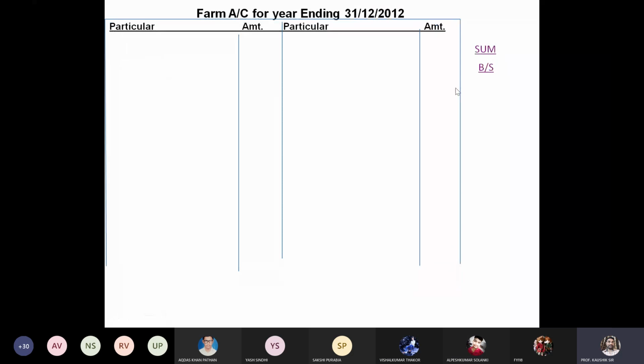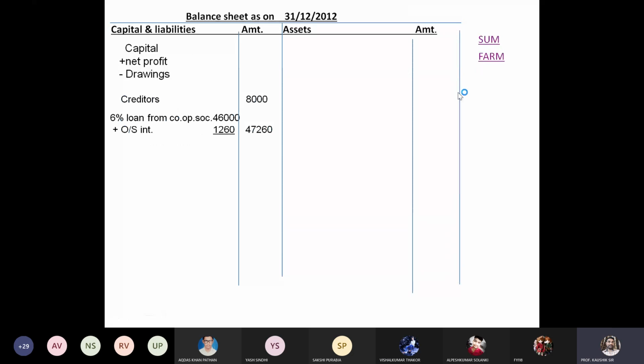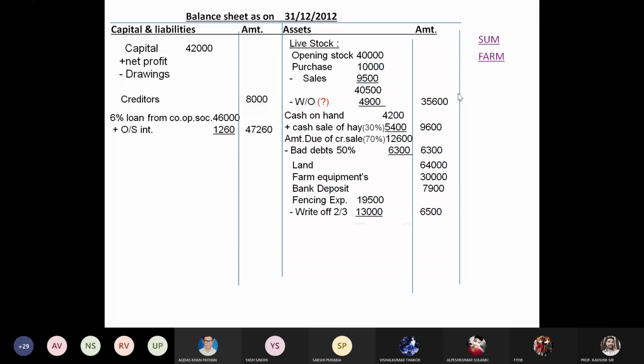Farm account. Balance sheet. The second effect we have to give in the balance sheet for the closing stock. Okay? Closing stock. Start writing with me. Pesticide 2000, grain 6300, total 8300 in the outer column.